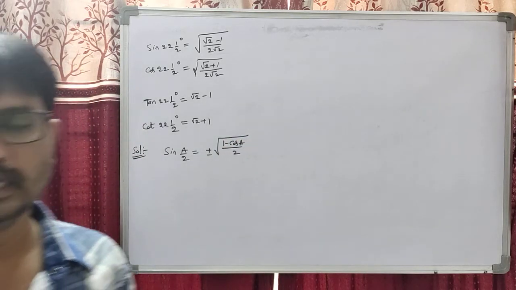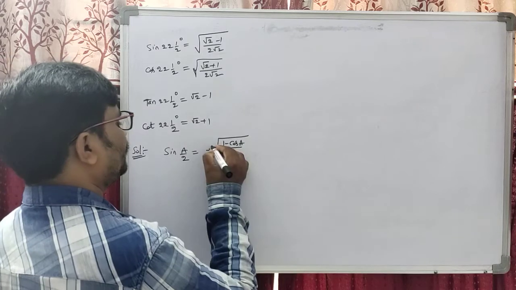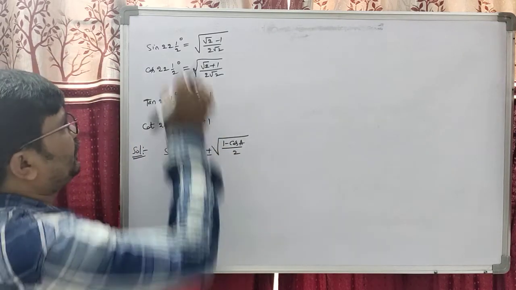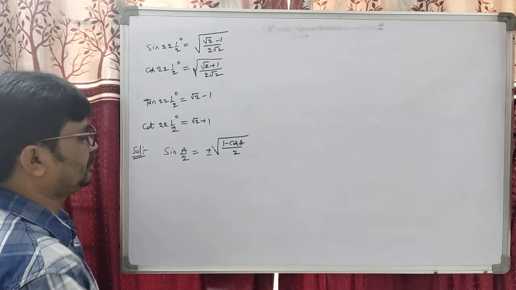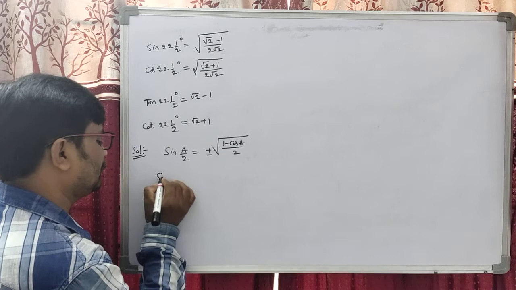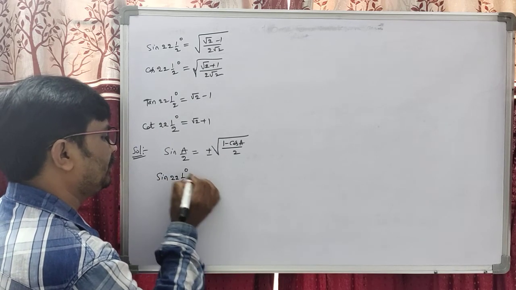Okay students, now here we can write it like this: in sin A/2, put A/2 equal to 22.5 degrees. Therefore sin 22.5 degrees.